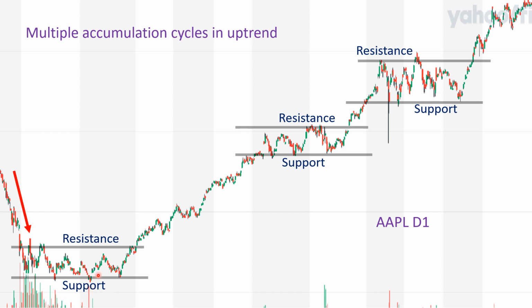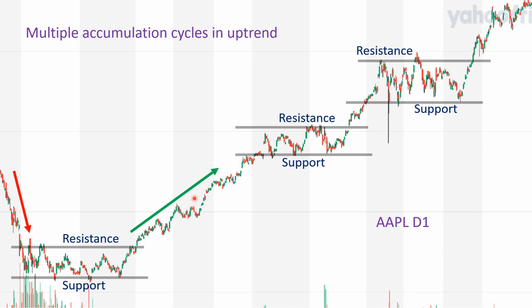The bullish pressure finally, after months of the price being in accumulation, breaks out of the resistance and heads upward. An accumulation cycle does not necessarily have to occur after a strong downtrend. In many cases, we see accumulation cycles within an uptrend.